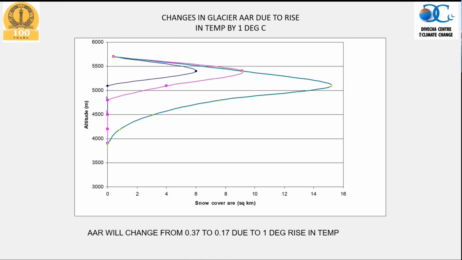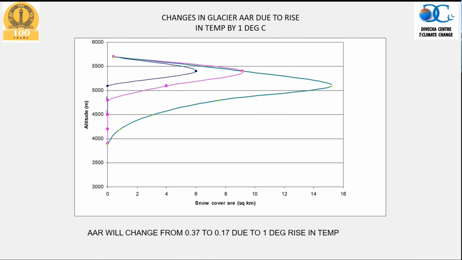And the pink, what you see here, is the current snow line at the end of summer. What it means is this region is the accumulation area, and this region is the ablation area. So you add the lapse rate again to it and get the new AR.